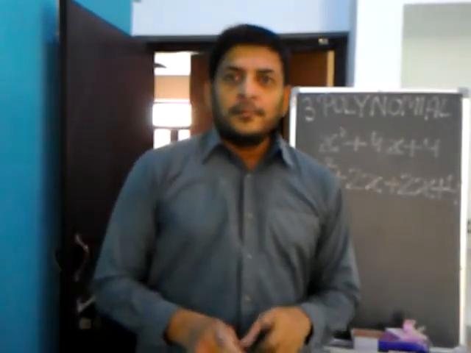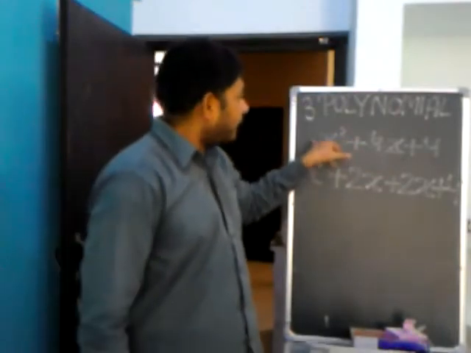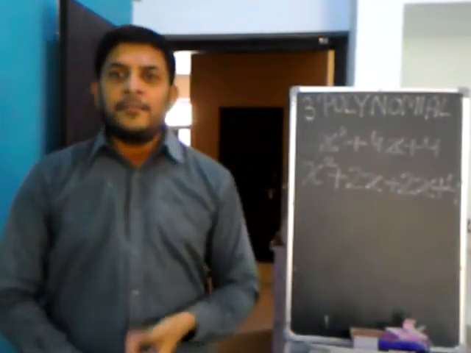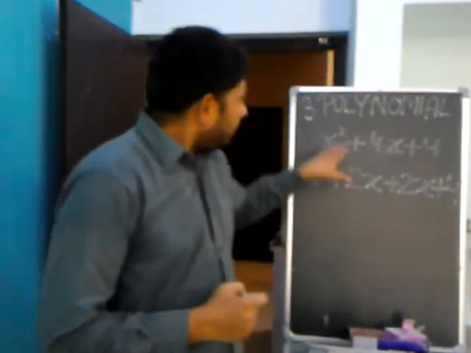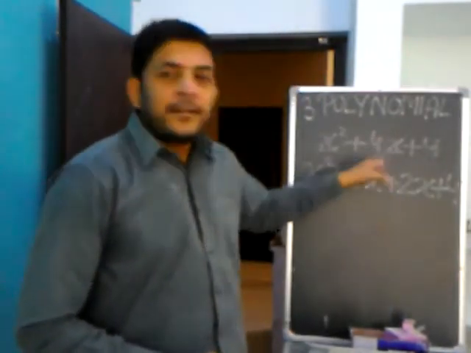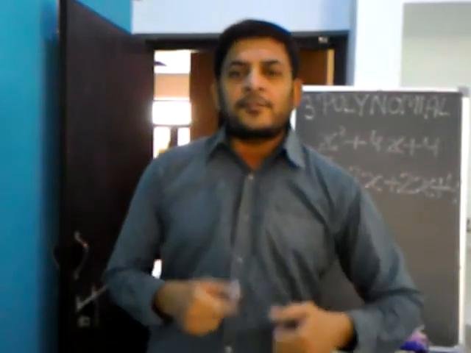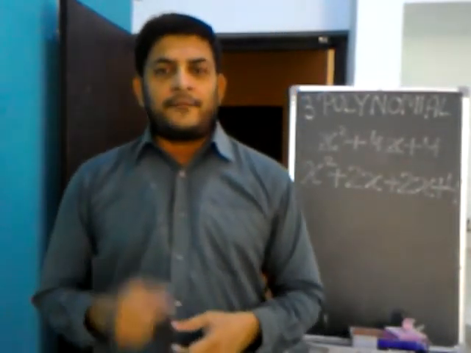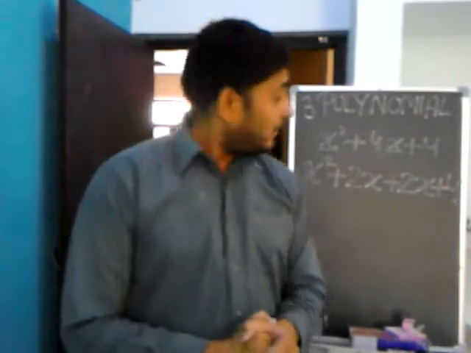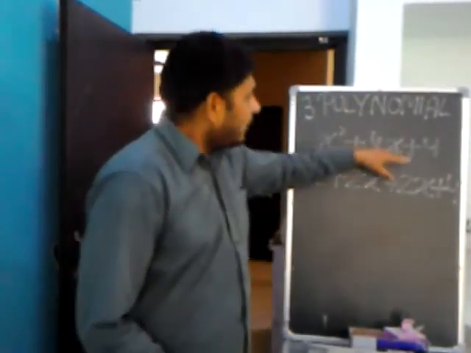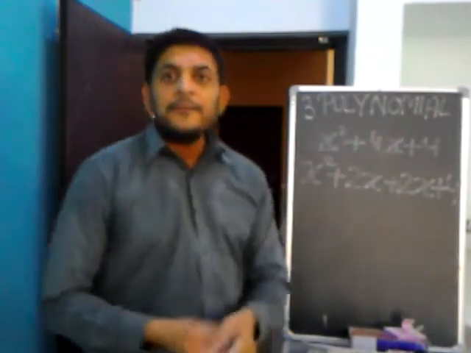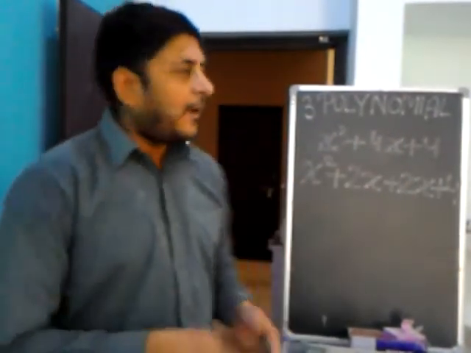Since the signs of the first term and the last term are the same, we split the middle term in such a manner that when we add both parts we get the middle term back, and if we multiply them, we get 4x square.